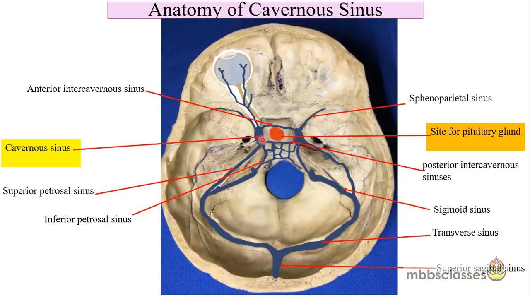So if we see here, this is the location of the cavernous sinus. The red color is the area of the pituitary gland, and these cavernous sinuses are the paired intradural venous sinuses which are present against the lateral aspect of the body of sphenoid bone.